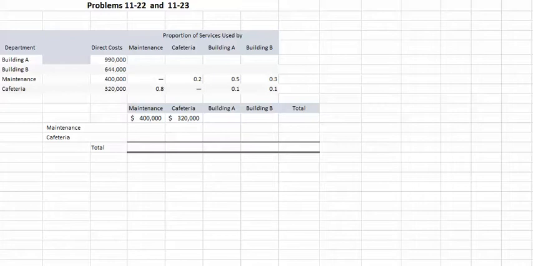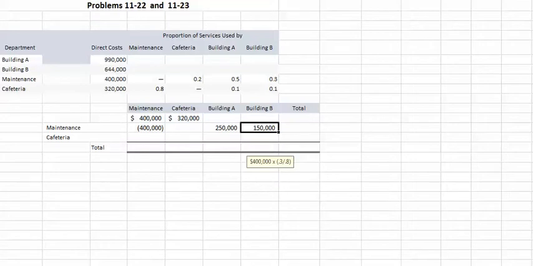So under the direct method, let's take $400,000 out of the maintenance department and allocate it to Building A. The amount allocated to Building A will be 400,000 times 0.5, which is our proportion used by Building A, divided by 0.8, the sum of the 0.5 and the 0.3, for $250,000. And then 400,000 times 0.3 divided by 0.8, or 150,000, will be allocated to Building B.